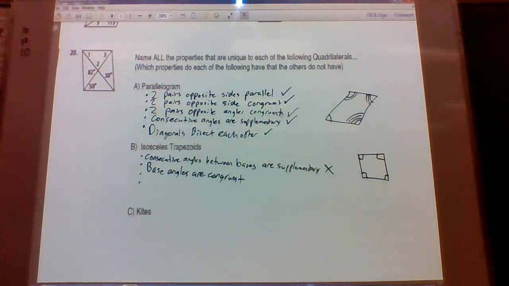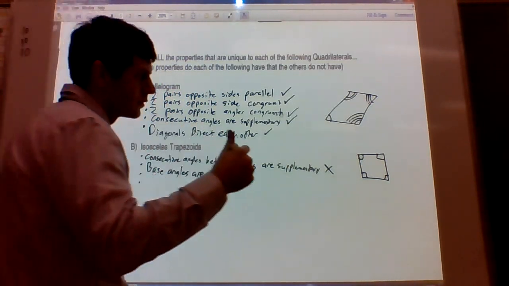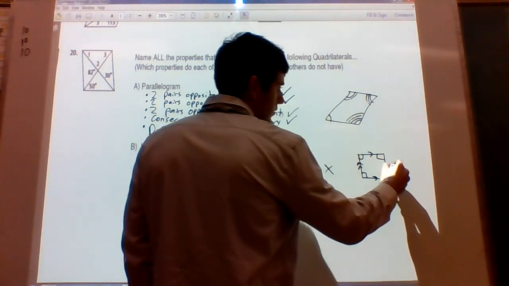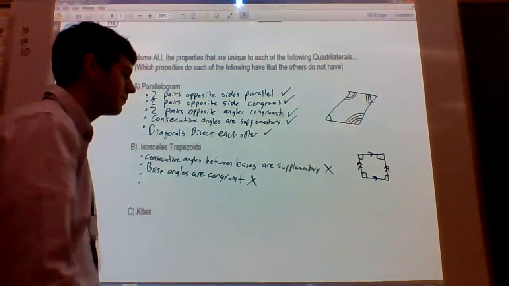So the consecutive angles of base angles, right, these were parallel sides and these were parallel sides. So we're going to put a no on that one as well.